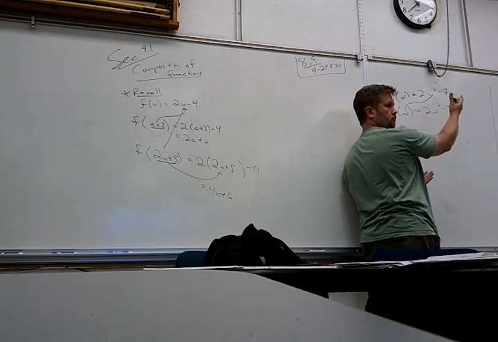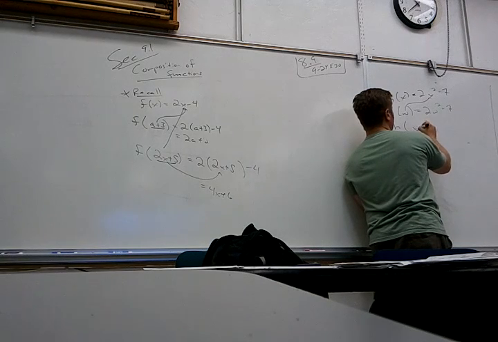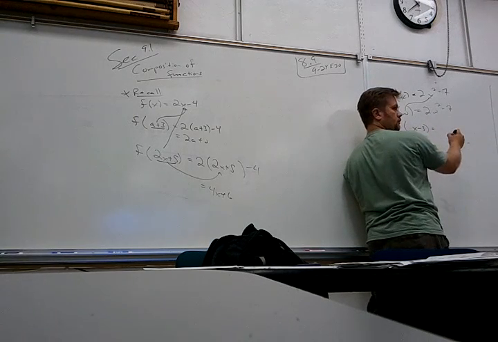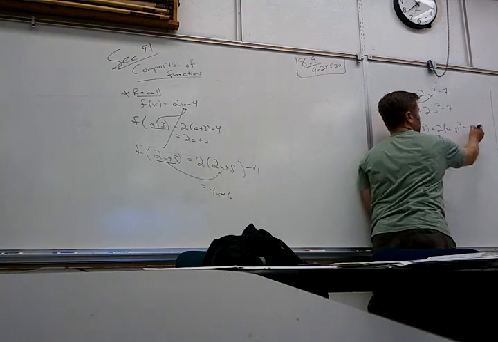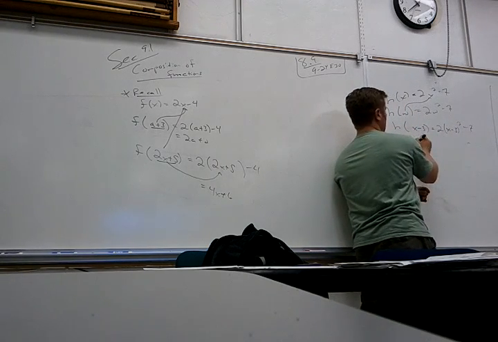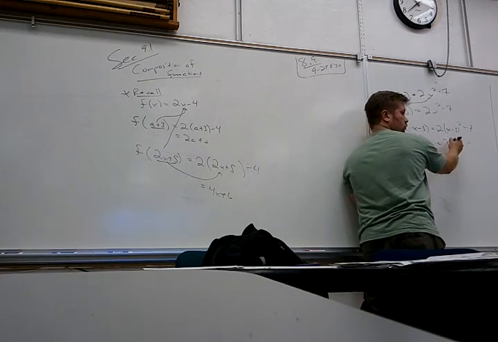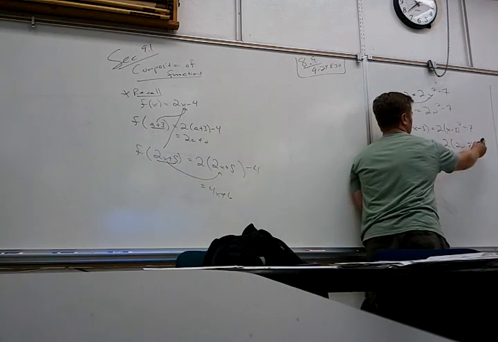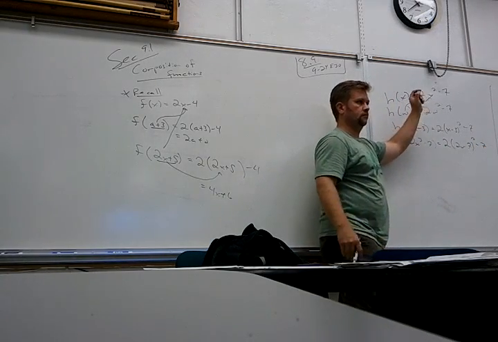Because it's there. So no matter what I put in, what's h of x minus 3? 2 times x minus 3 squared minus 7. H of anything, 2x squared minus 7, would be twice that thing squared minus 7, because that's what it says to do.